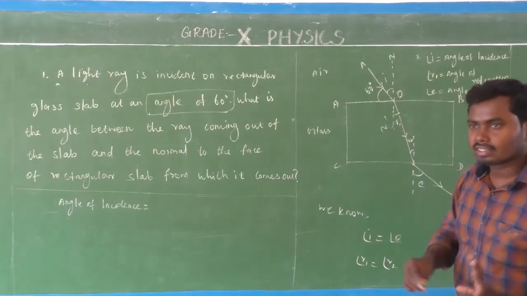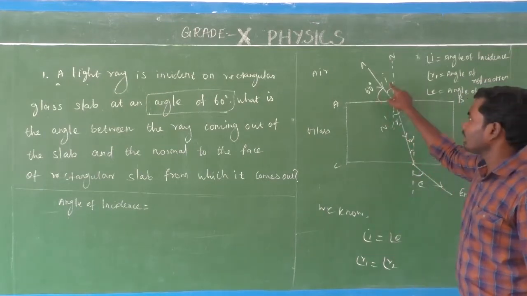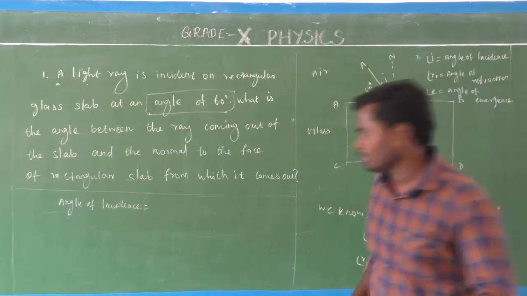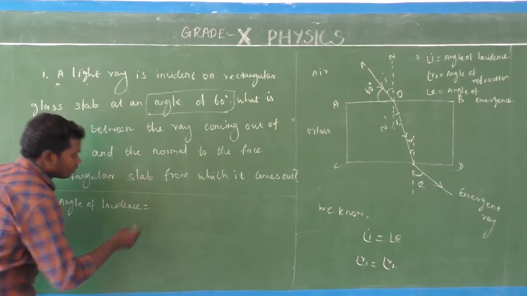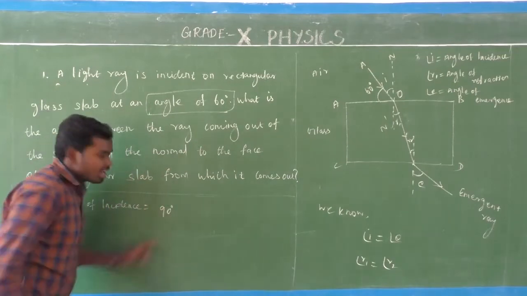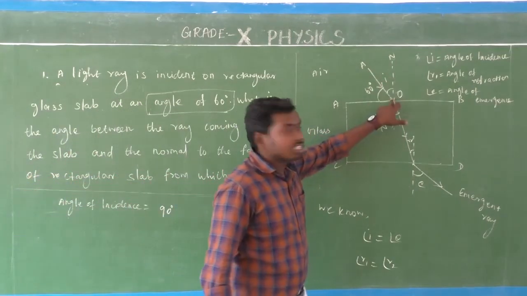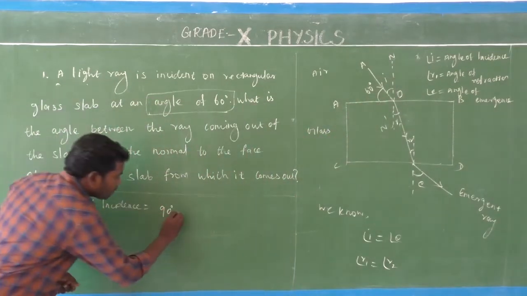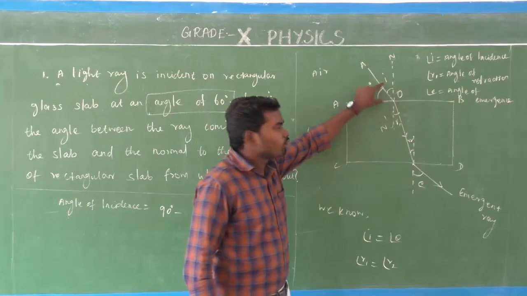So if you subtract this 60 degree from this overall 90 degree, we can get the angle of incidence. So the angle of incidence is equal to 90 degree, which is the normal, minus 60 degree.